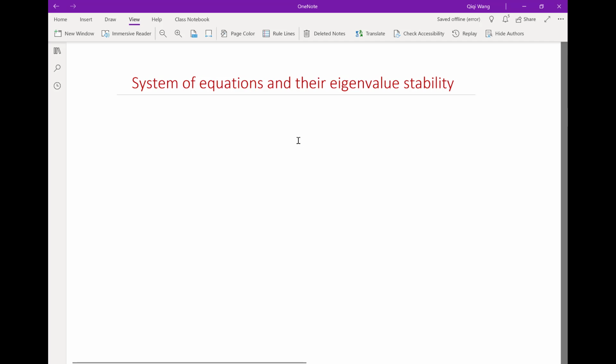So today I'm going to review everything we have done in ODEs. To start with, let me give you an equation to work with, an example that integrates everything we have learned. I'm going to write down the equation.